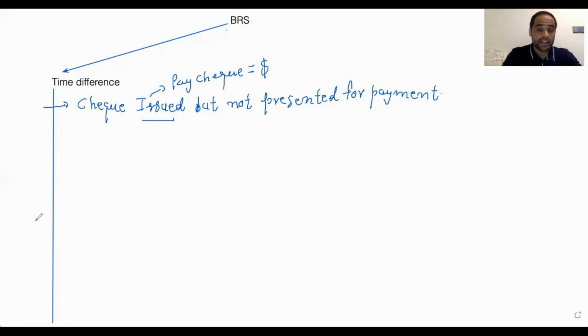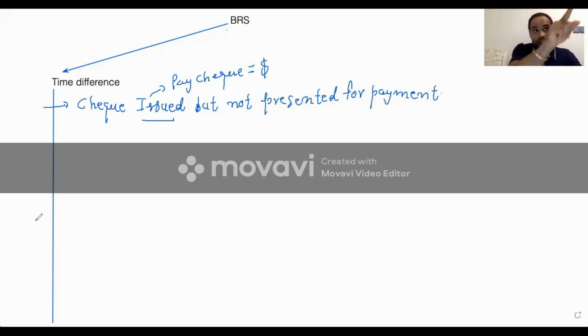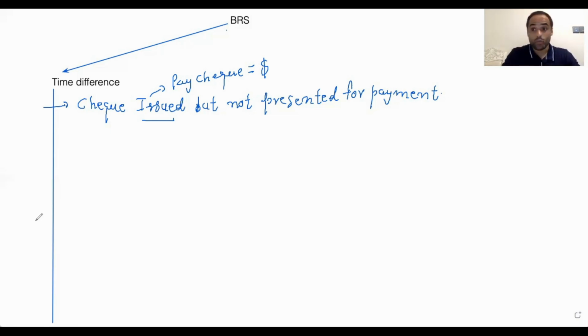Do you think if you give that check to your bank and your bank contacts my bank and then my bank transfers money to your bank, all these things happen in one day? Do you think so?